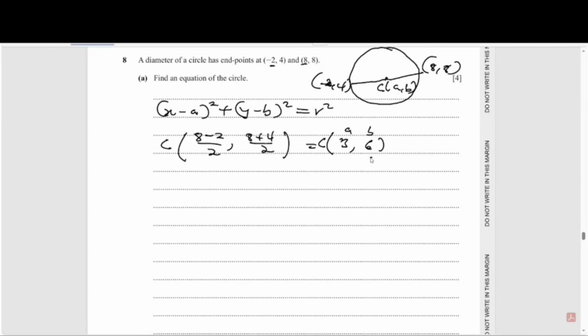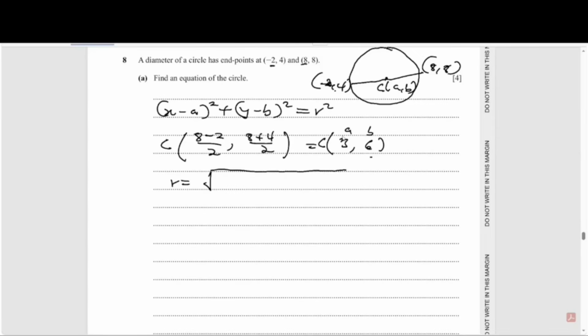I'm going to pick the center and then -2, 4 to find the radius. So our radius is equal to the square root of, remember the distance formula, change in x squared plus change in y squared.